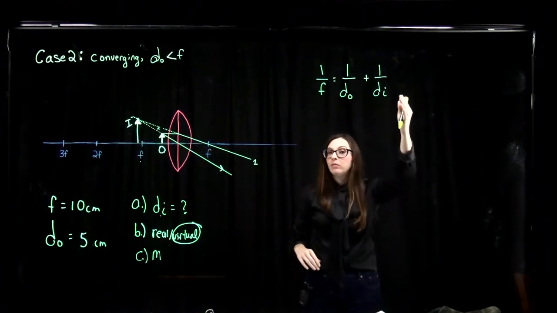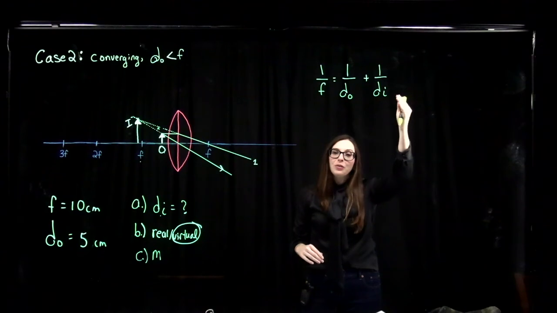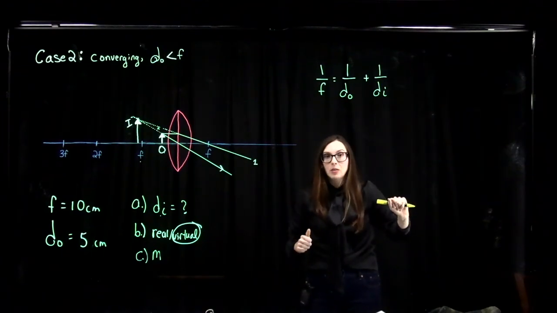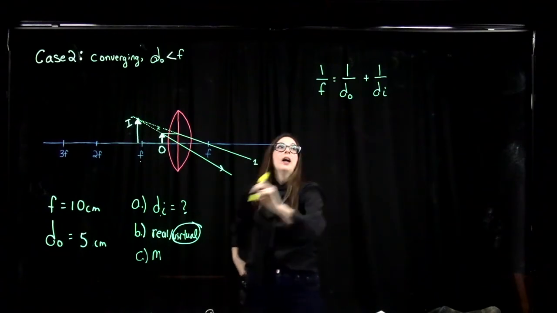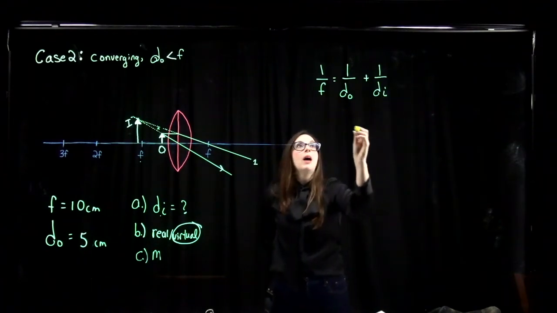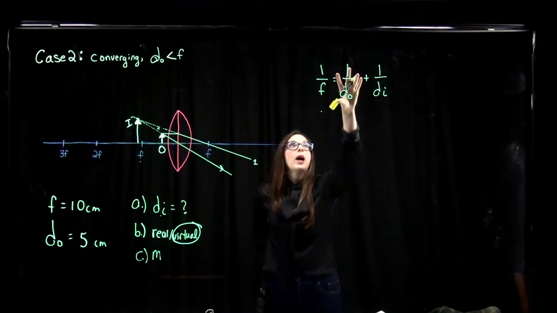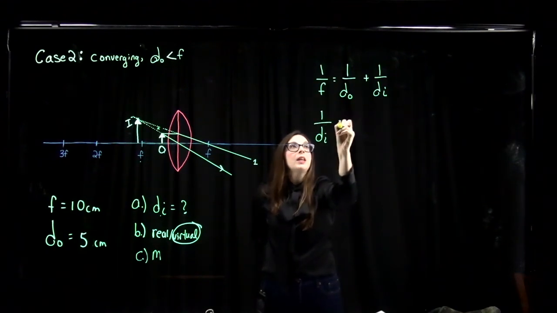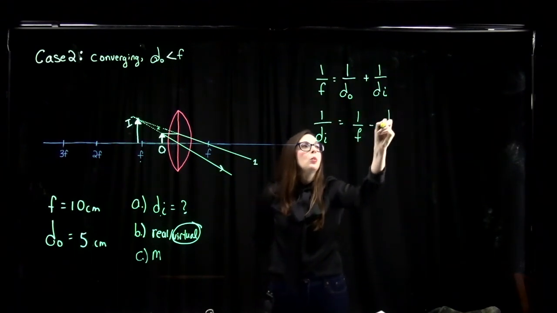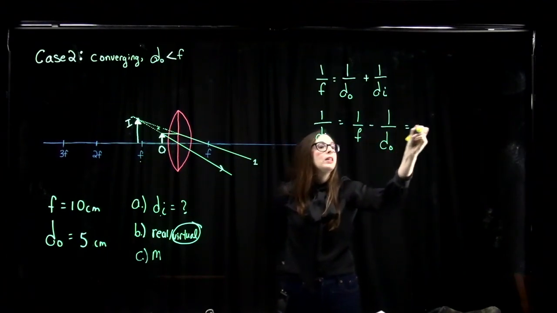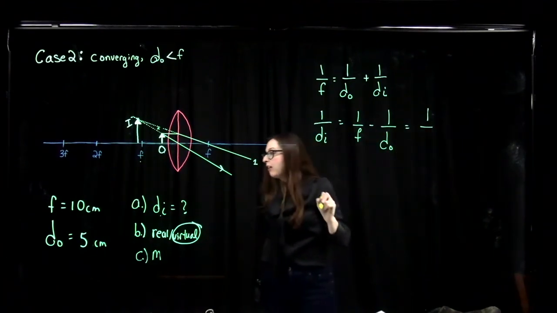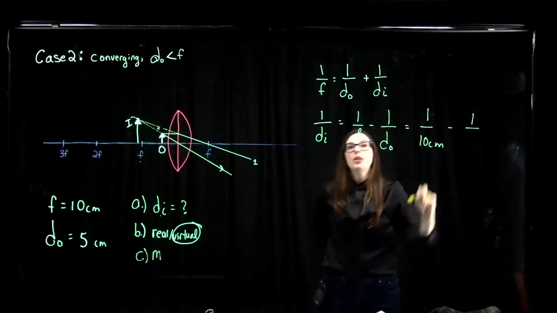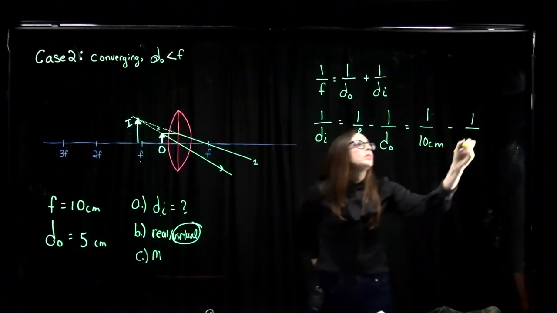Now we'll use our thin lens equation in order to figure out what is the distance that this image is away from the lens. Okay, so we're trying to find d sub i, so we're going to solve this for d sub i like we did before. I'm going to subtract this term over to the other side. 1 over di equals 1 over f minus 1 over do. So this is equal to 1 over f was 10 centimeters minus 1 over do was 5 centimeters.